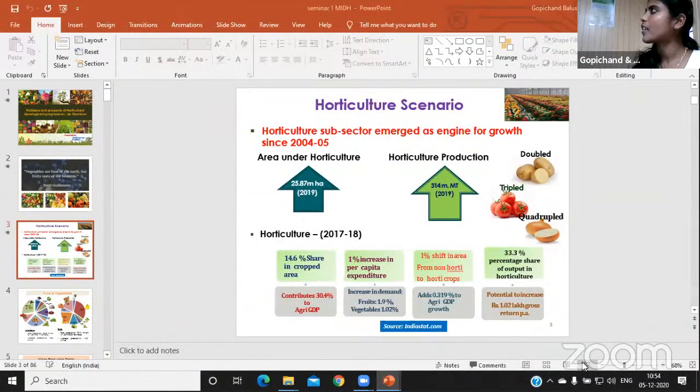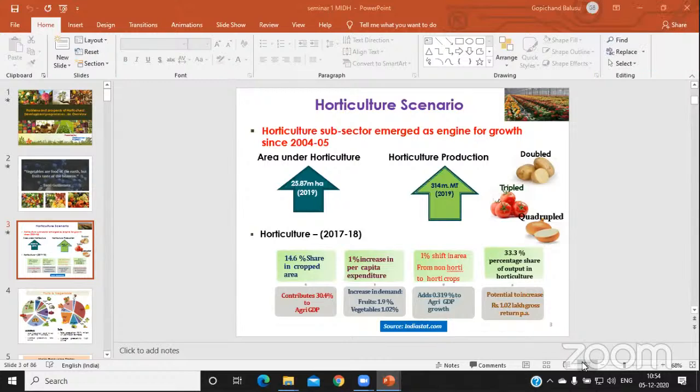And in spice crops also in India, there has been 31.8% change in the area, and 29.6% change in the production, and 84.1% change in the productivity. And the gross value of horticulture production has increased. In Karnataka, it has changed by over 60.33%, and in India, by over 70.02%.